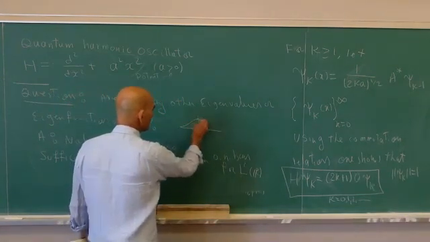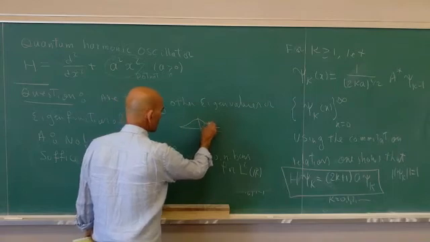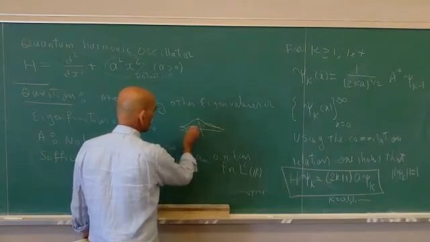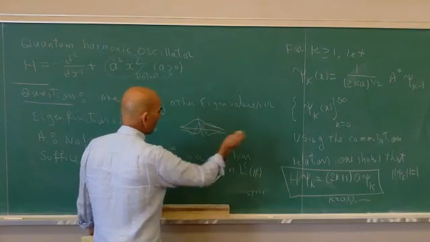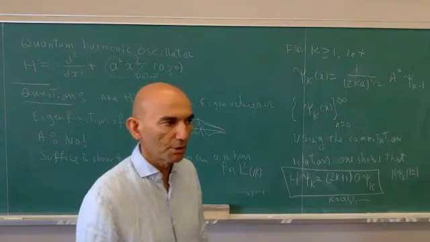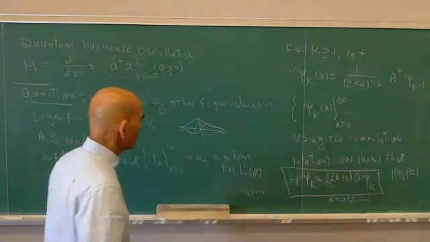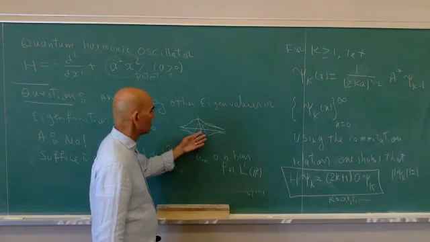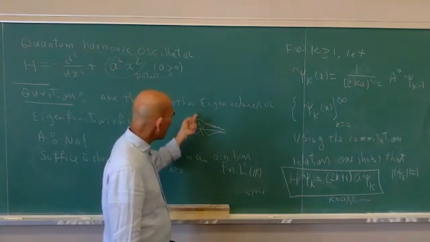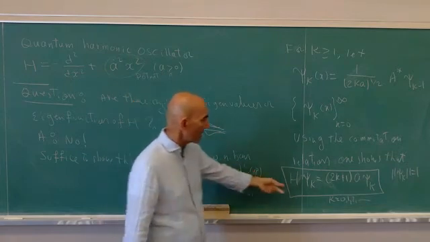Starting with this, the next one goes like this, and then the other one goes like this, and so on. So I highly recommend you open Wikipedia or your favorite book on quantum mechanics or any document online and check the shapes of these psi k's.